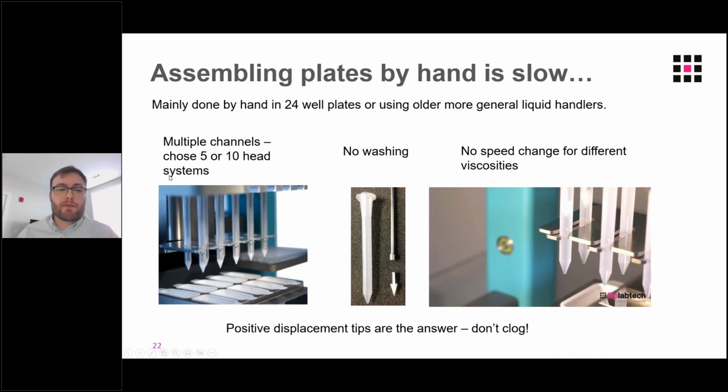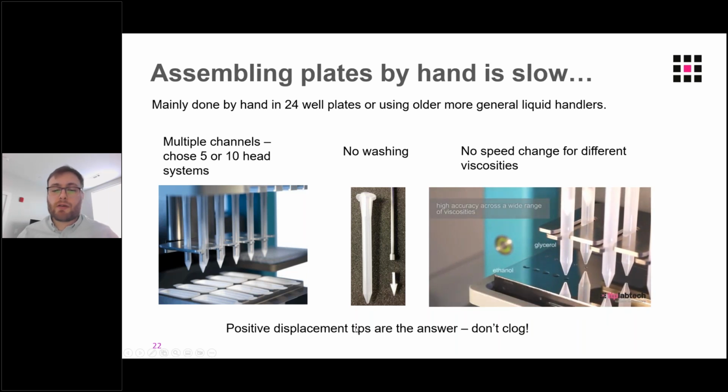With the Dragonfly Crystal, you can have 5 or 10 heads, which can hold up to 5 or 10 different components, with these disposable syringes that minimize the amount of time you have to spend washing or cleaning. And these syringes can dispense different liquids with different volumes very easily and reliably. In this video, you're going to see this Dragonfly dispense ethanol and glycerol at different volumes adjacent to each other.